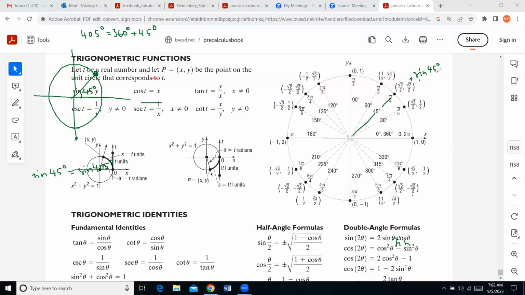So I got the answer, square root 2 over 2. That's the so-called exact value because it has a square root, and that's all they want.